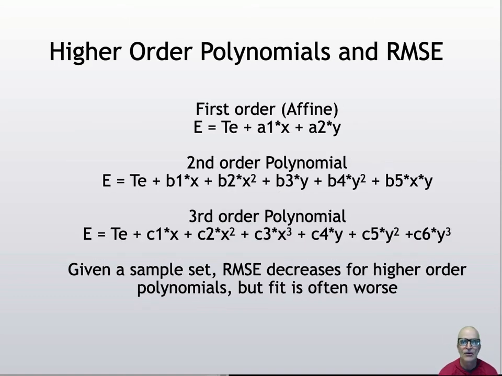So here's the drawback. They give you higher order polynomials to use. If you pick a second or third order polynomial with the same data, the RMSE, by definition, has to decrease for higher order polynomials. But the fit is often worse. You get more error away from your control points. These polynomials are so flexible, they can fit any set of points.